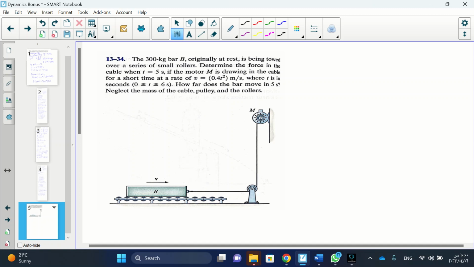First, let's draw the free body diagram. It looks like this.